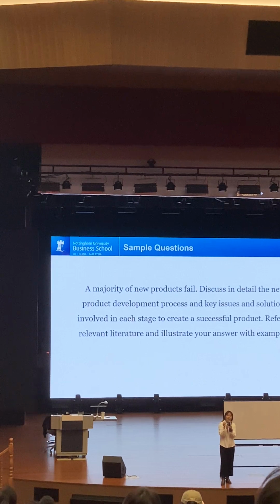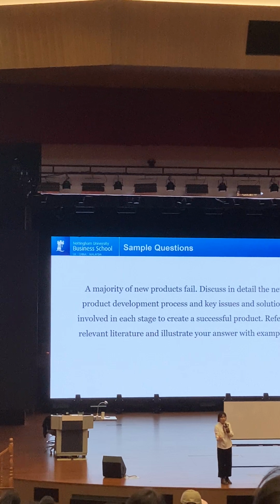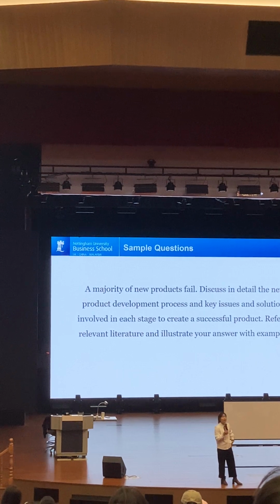Whether you use one example throughout the script or multiple examples in each section where necessary, either way is okay. It's not about the number of examples, but about the in-depth evaluation of the examples and their relevance to your arguments. The examples are also marks you can get from these answers.